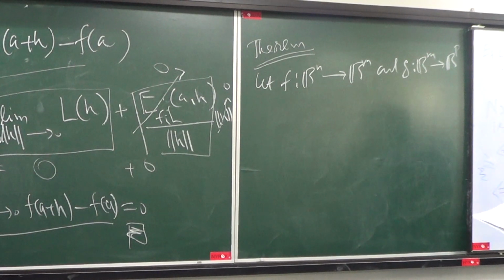Okay. So here's the thing. F is a map from Rn to Rm, and G is a map from Rn to Rp.